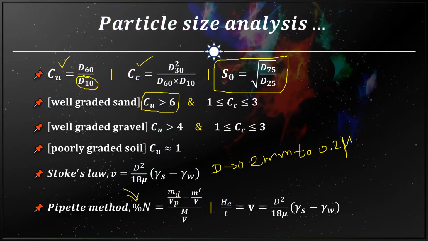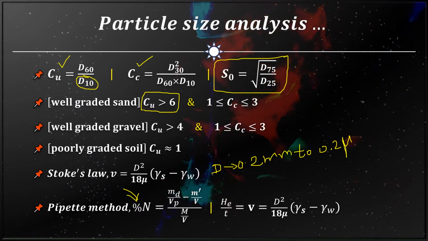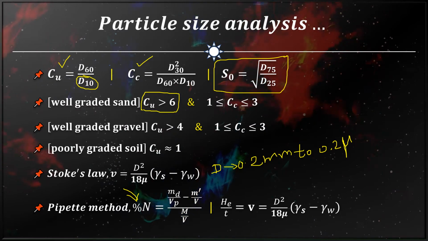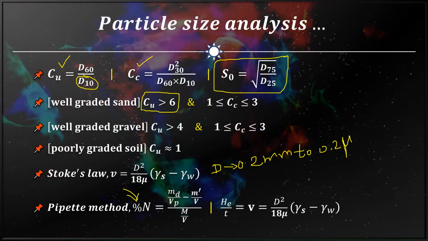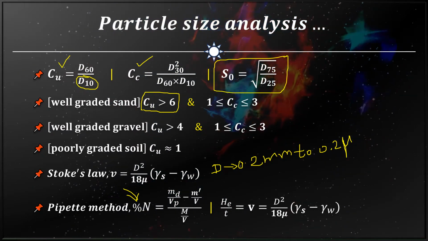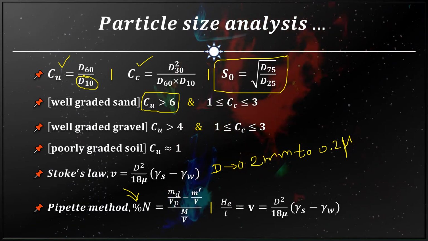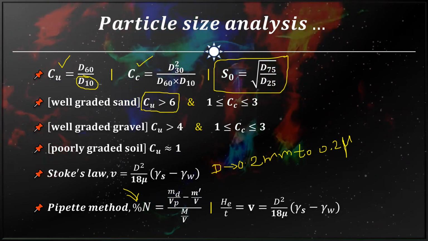And M dash by V is the mass per unit volume of dispersing agent that we used. And capital M is the total mass of dry soil which is used to prepare the suspension, having a total volume of V. So V is the total volume of suspension and M is the total mass of dry soil used to prepare the suspension.